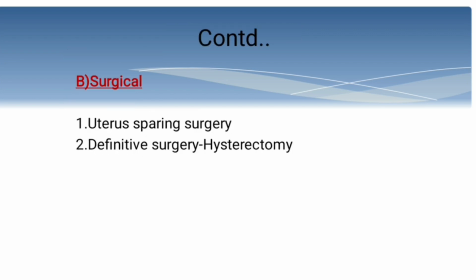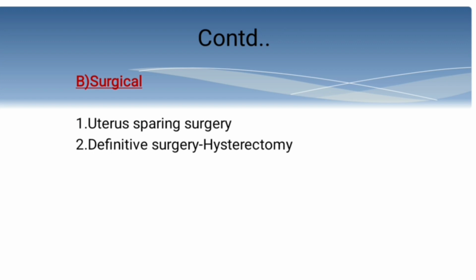And surgical: if we are treating an infertile patient who wants to preserve her fertility, we will use uterus sparing surgery. And definitive surgery, if the family is completed, the patient is multiparous, age is more than 40, and she doesn't expect any further issue, we will do hysterectomy.